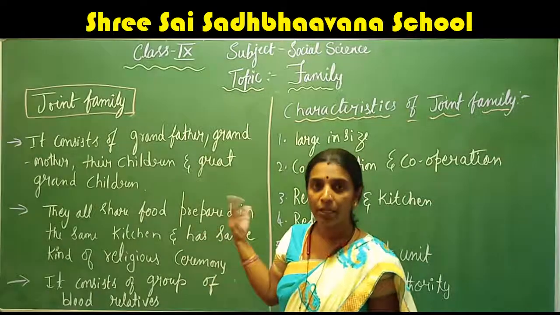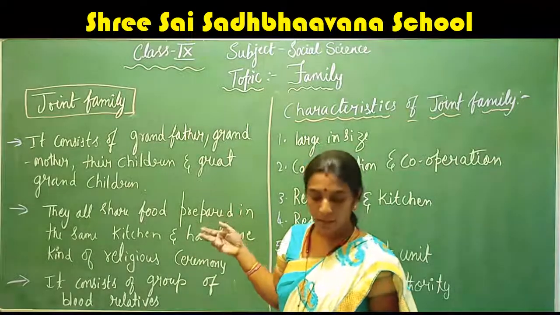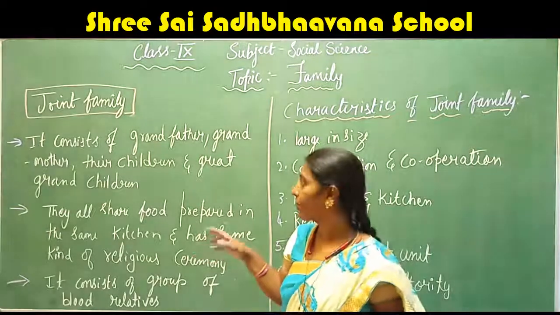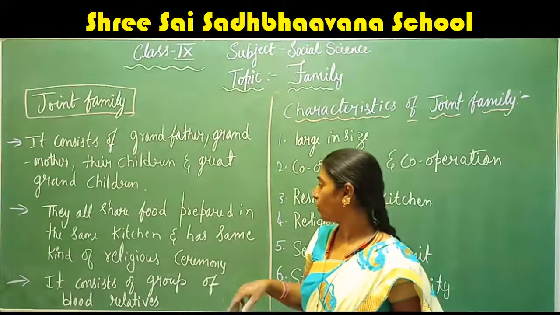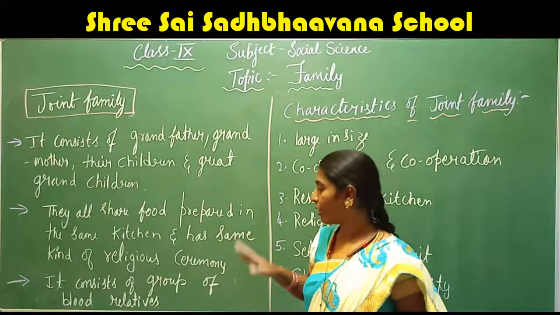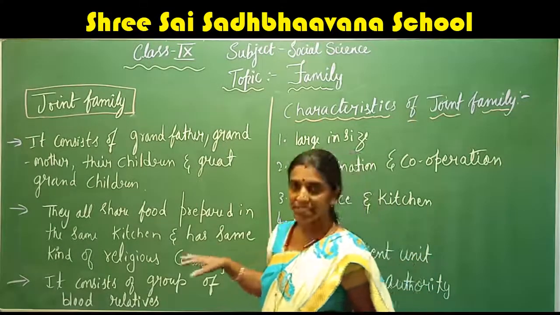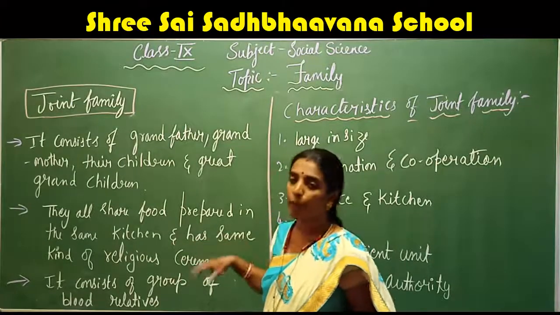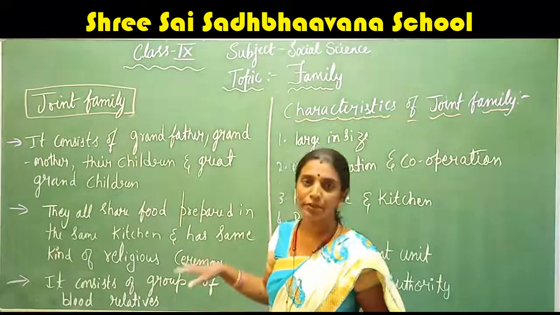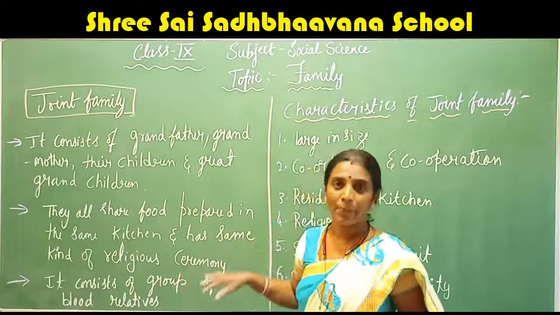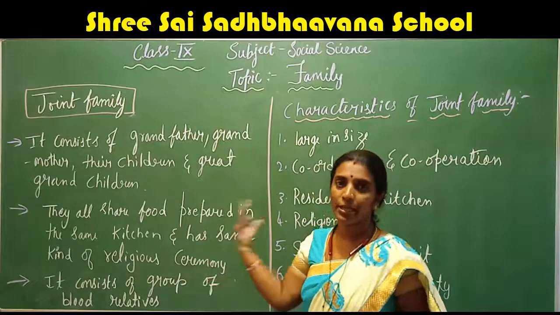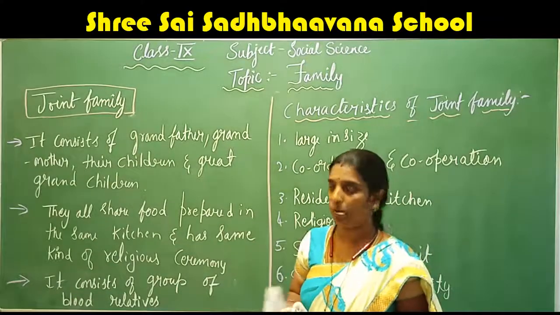In some situations, even two extended generations may be considered as joint family. They all share food prepared in the same kitchen and follow the same kind of religious ceremony. And the joint family consists of a group of blood relatives, the kinship, Rakta Sambandhigalu.